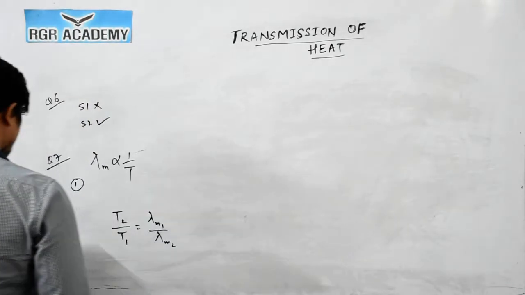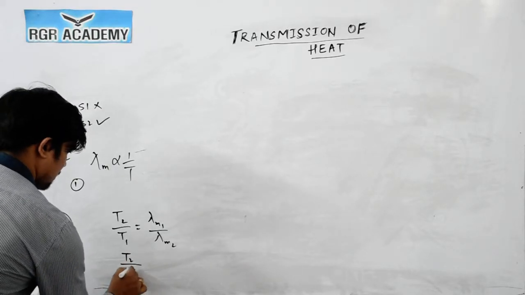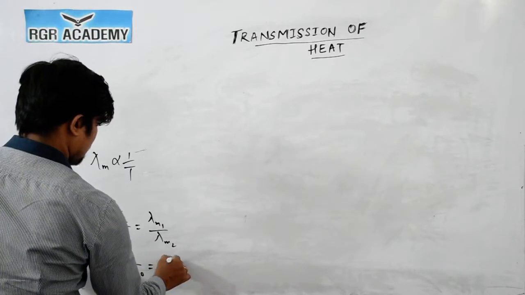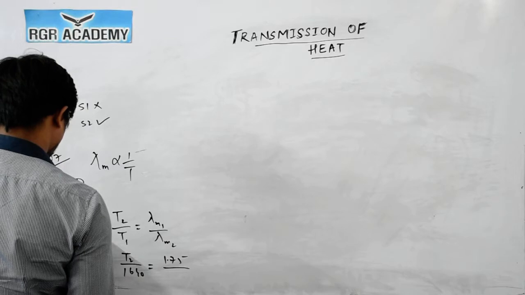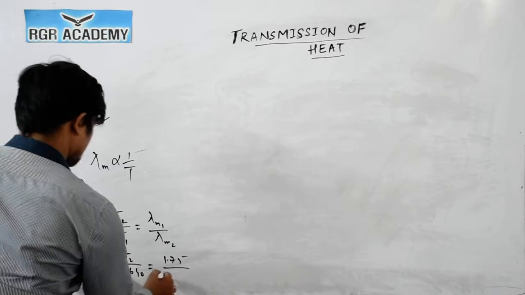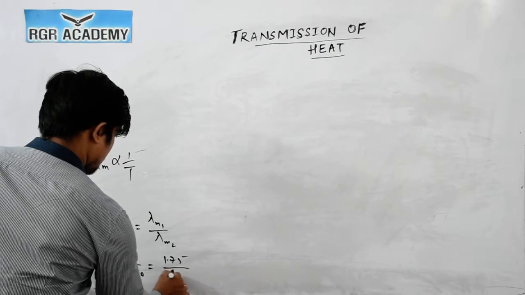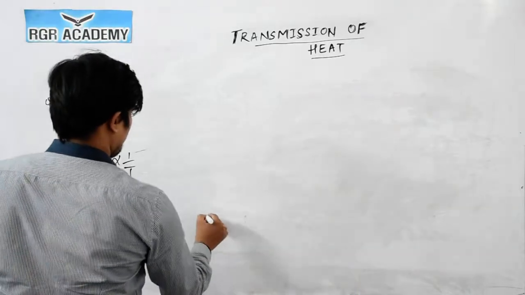So T2 we have to find out, and T1 is given as 1640, equal to 1.75 by 14.35.